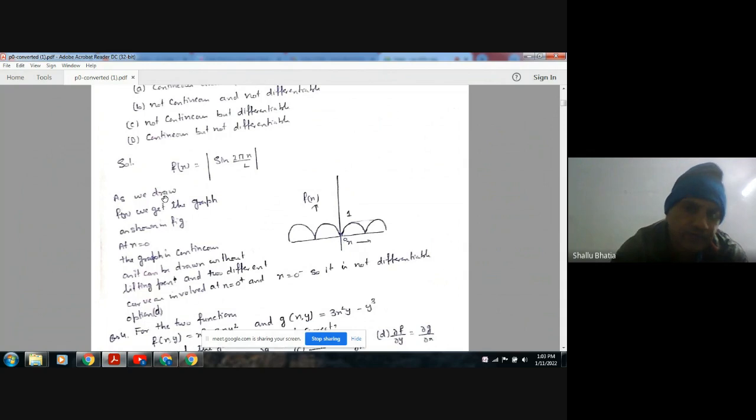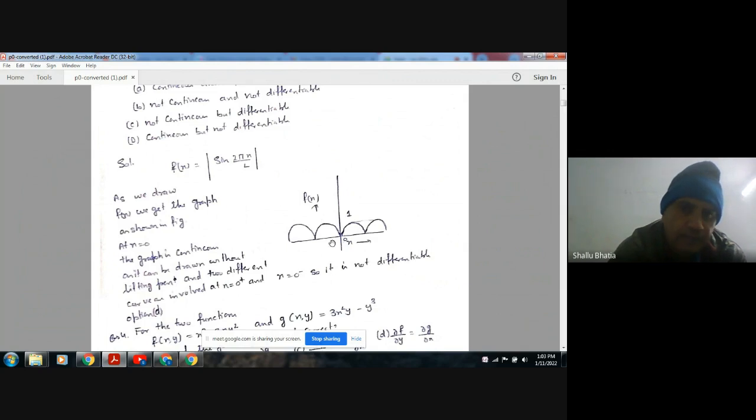So this is your f(x). If we draw f(x), because of the modulus it will be positive for each and every value of x. When we put x greater than 1 we get this shape, and for x less than 1 we get this shape. In all the shapes f(x) is positive because of the modulus.